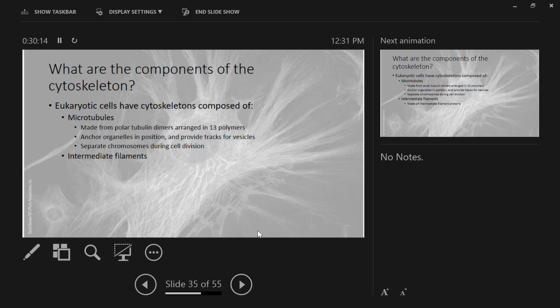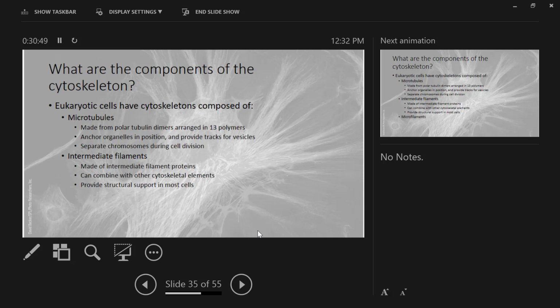All right, next one, intermediate filaments. So these are made up of a whole suite of different intermediate filament proteins. It's not a single protein like microtubules are. And so for your benefit, we'll just leave it as a category of protein types, intermediate filament proteins. These oftentimes combine with other cytoskeletal elements. So you'll see intermediate filaments working with microtubules, working with microfilaments, the other type, to collectively accomplish some task.